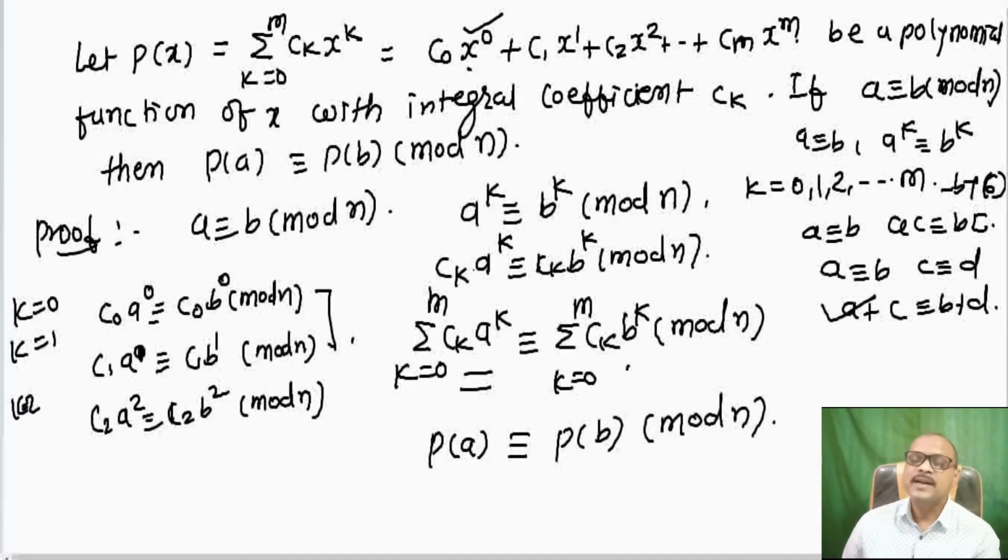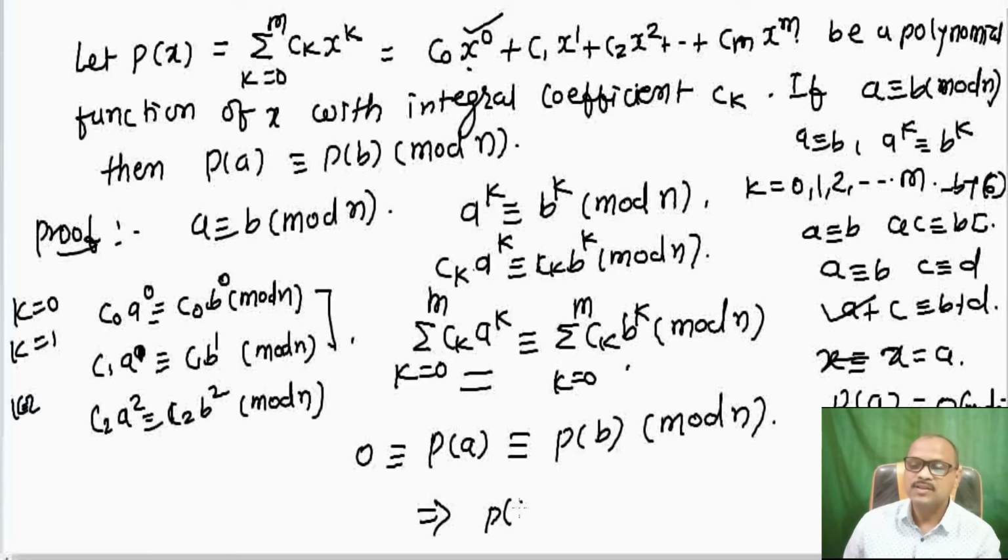Now an important point is that if we put x equal to a in the polynomial and P of a equals 0, meaning a is a solution of this polynomial, then modulo n we have P of a congruent to 0 modulo n.